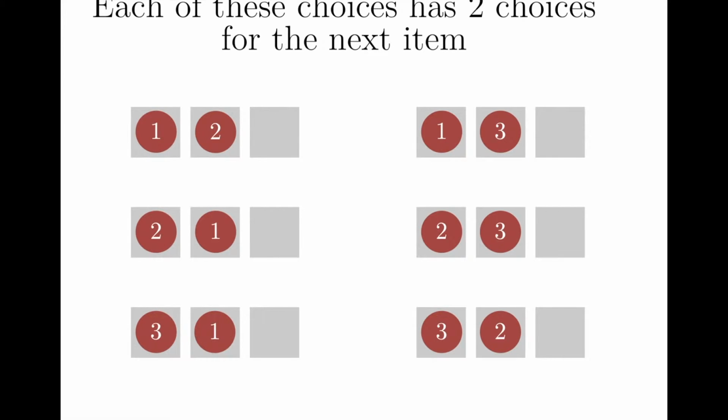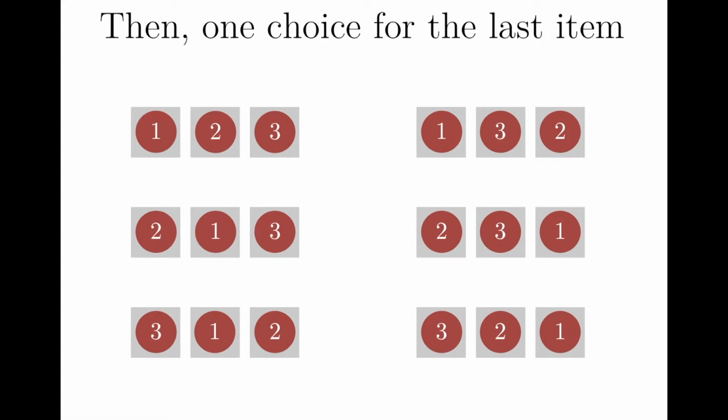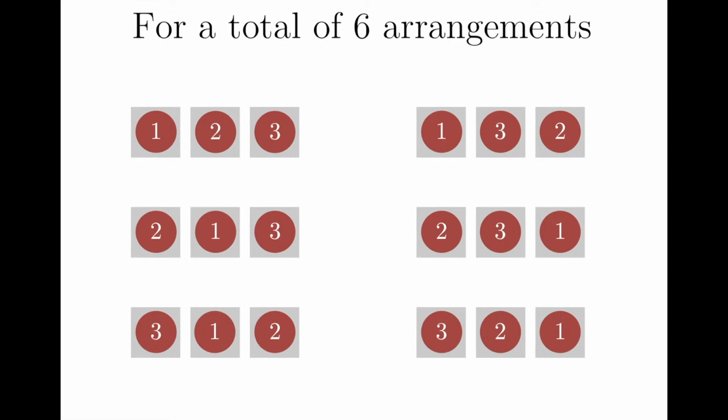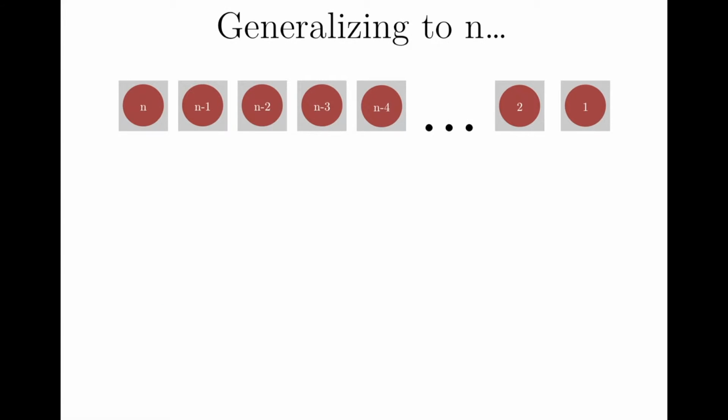So for example, if we chose 1 for the first item, we could choose either 2 or 3 for the second. Then the remaining item only has one possible choice, just the last item, since we only had 3. If we want to count up the number of possible combinations, we just have to multiply the individual ones together.